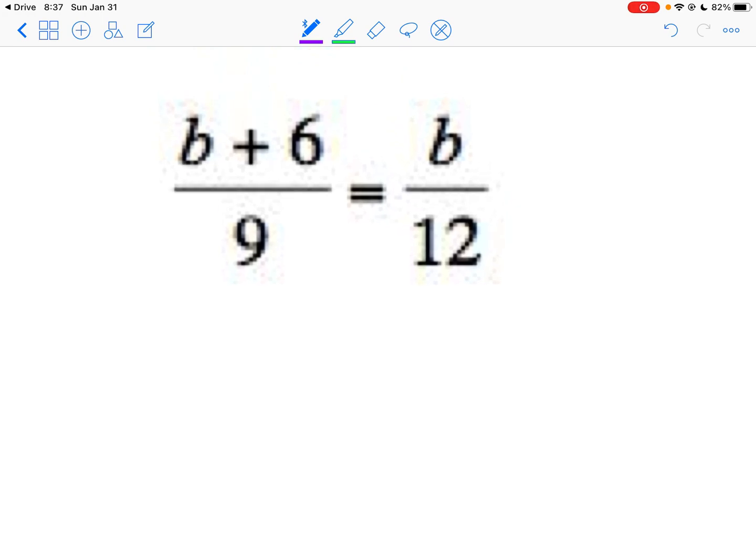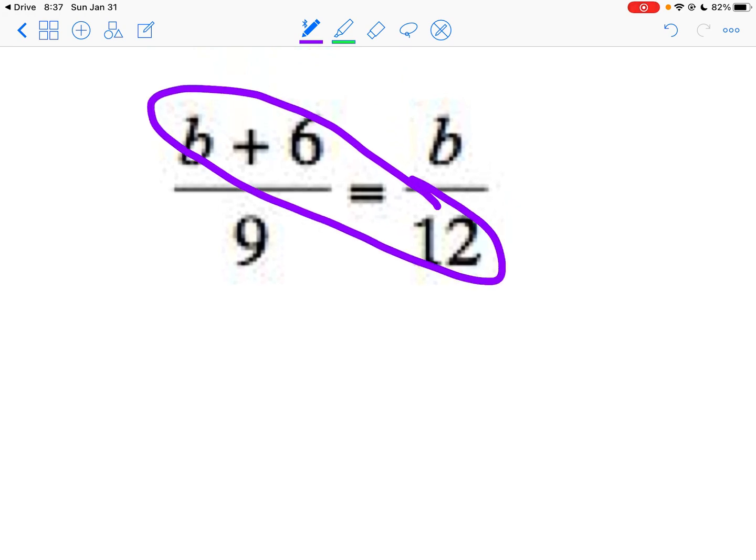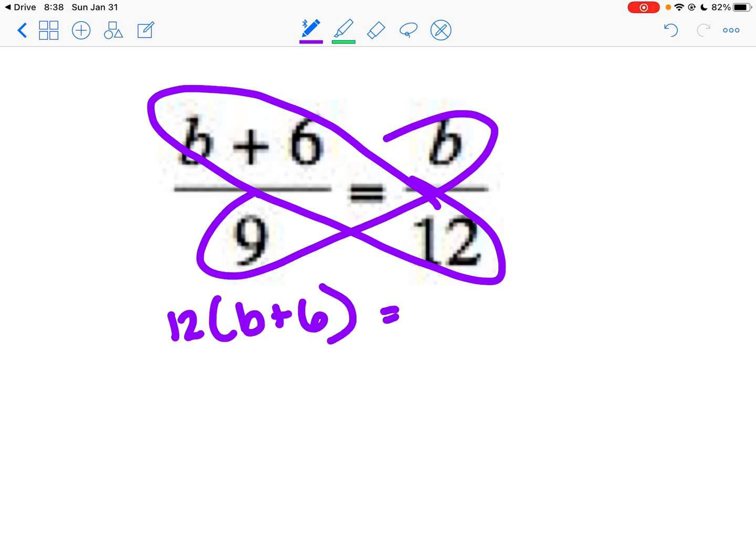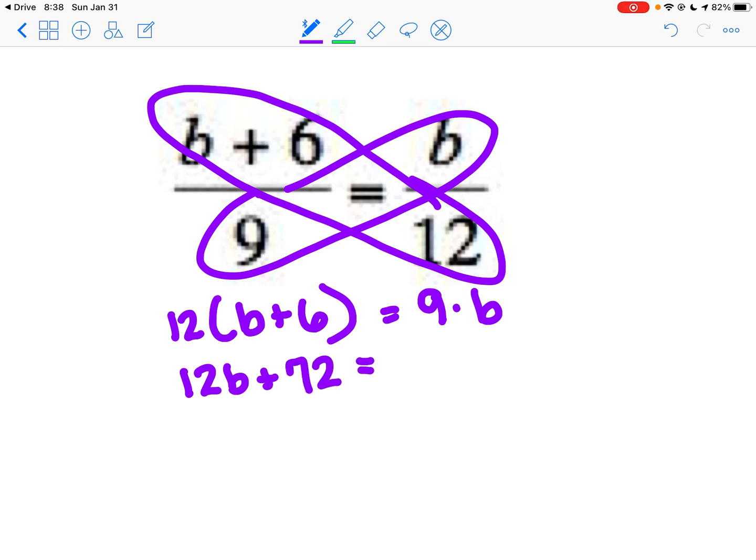All right, so looking at this last one, if we use cross products to solve, I have 12 times b plus 6 equals 9 times b. So when I distribute, this is 12b plus 72, and that's going to be equal to 54. So I'm going to subtract 72 from both sides.